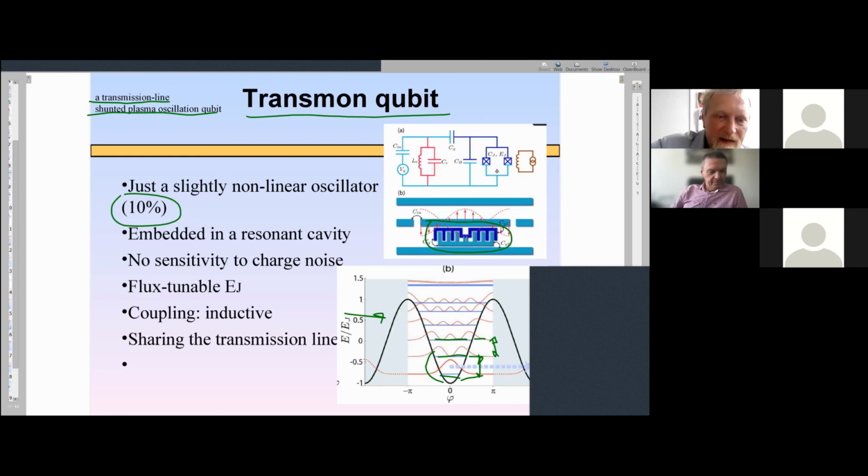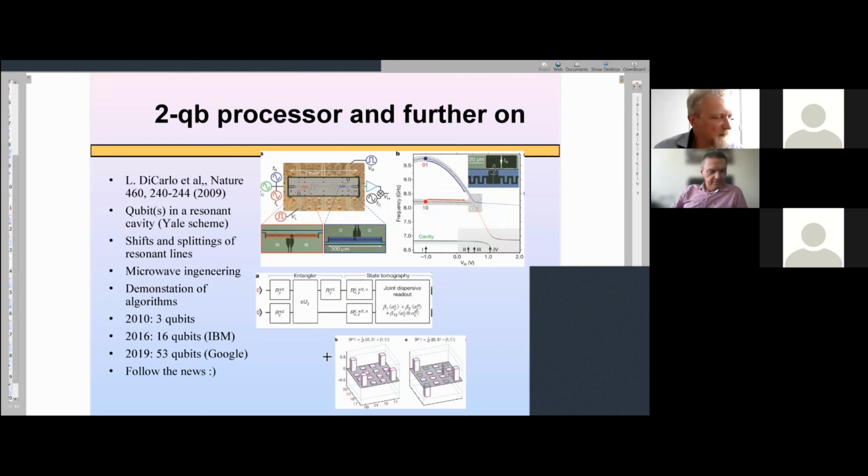Just inductive coupling through this transmission line, sharing the transmission line, provides the necessary coupling between the qubits. Once this has been achieved, the number of qubits we can operate with began to grow from year to year.